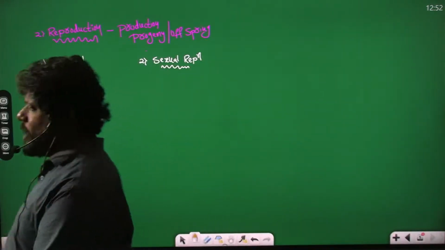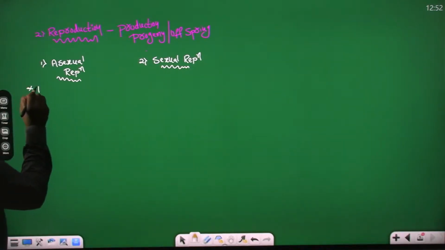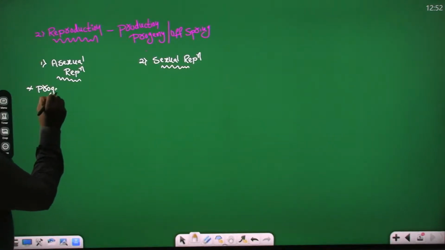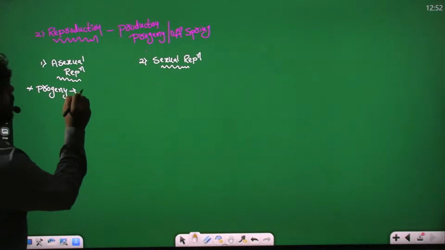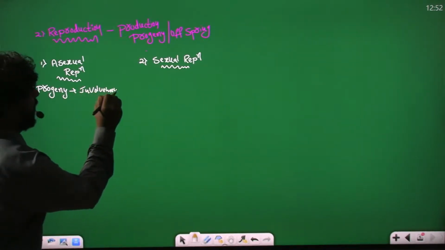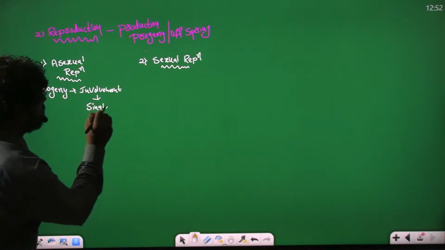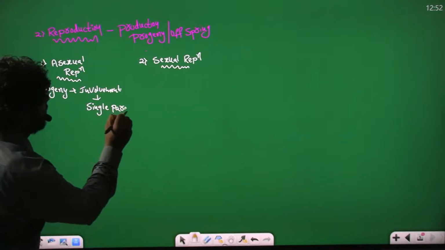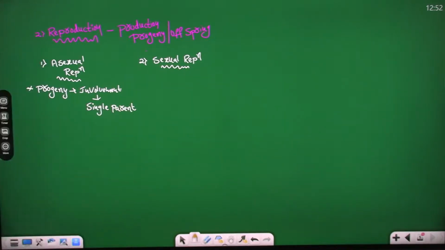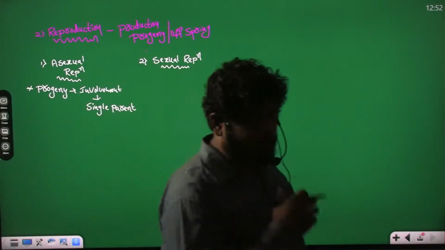Sir, what is asexual reproduction? What is sexual reproduction? Simple. Asexual reproduction is production of progeny by the involvement of a single parent. Only one parent is involved.